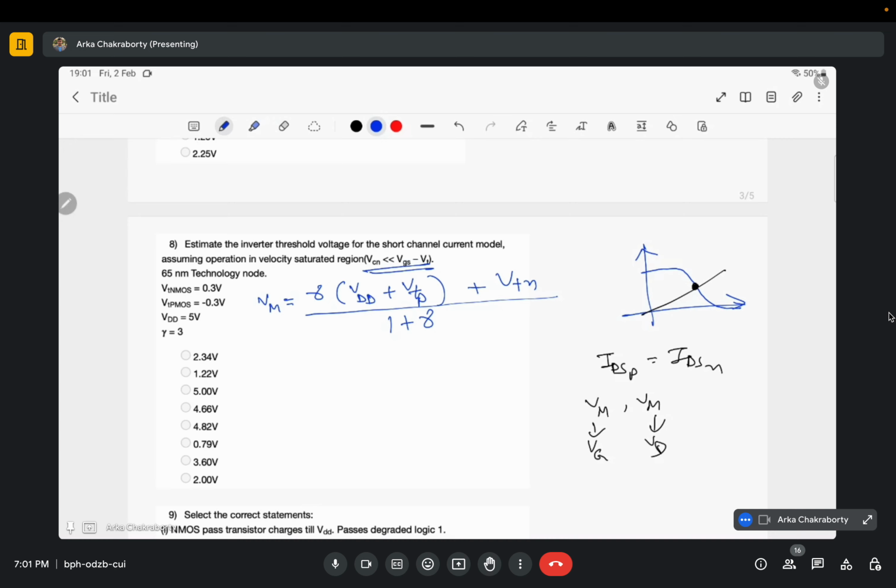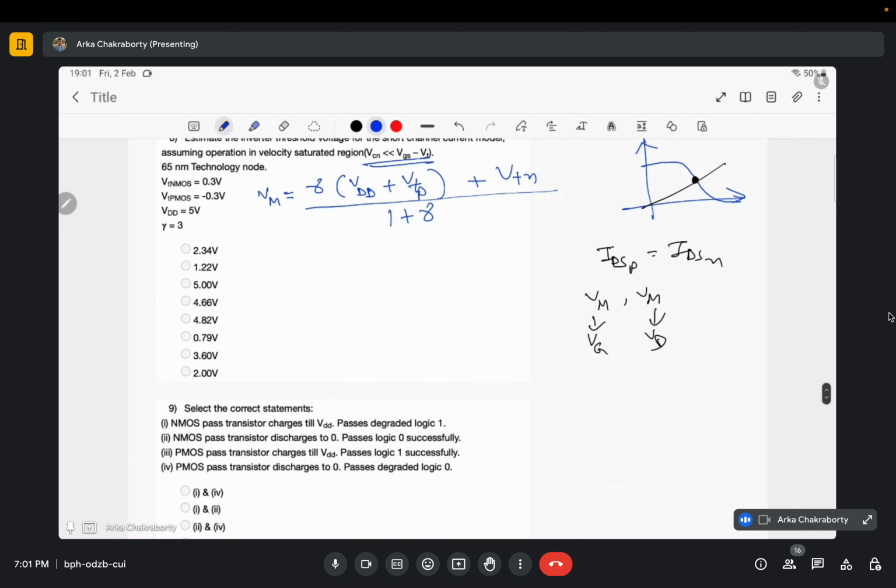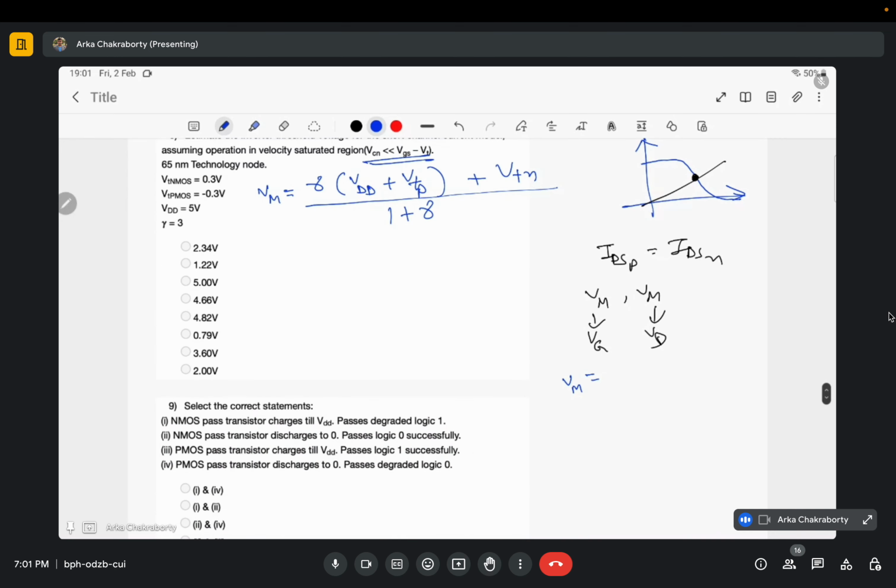Vm equals Vtn plus Vd sat of n divided by 2 plus gamma times Vdd plus Vtp plus Vd sat of p divided by 2, whole divided by 1 plus gamma.